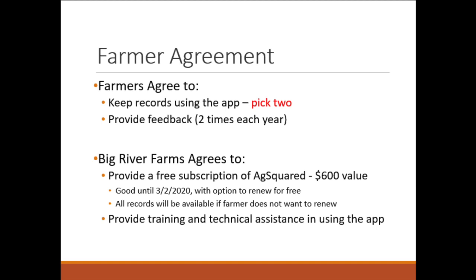The next bullet point says provide feedback on his or her experience using the app at least twice a year. And so we're probably going to do a couple of surveys, and we'll just do it when we see you at the farm, or maybe I'll email it to people that are not at the farm and ask for your feedback.